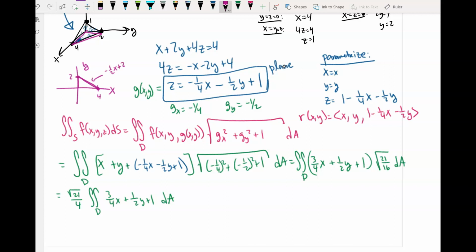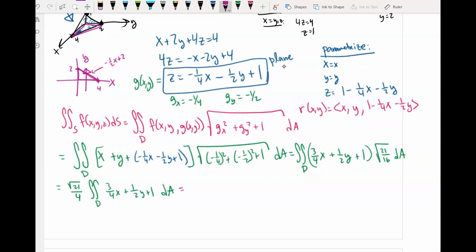Now I'm going to use a type 1 integral. So this is going to be square root of 21 over 4, integral from 0 to 4, and from 0 to negative 1/2 x plus 2, of 3/4 x plus 1/2 y plus 1 dy dx.